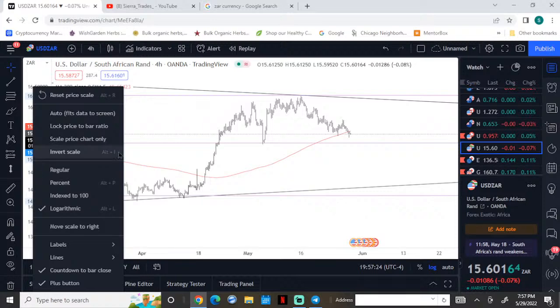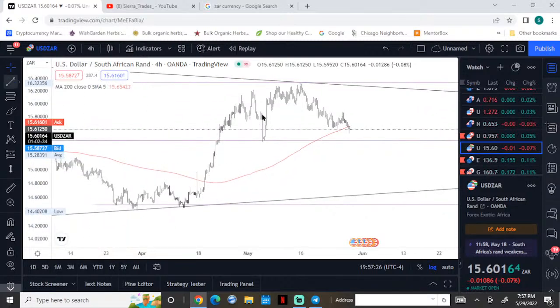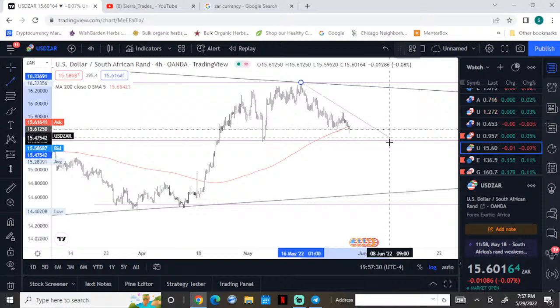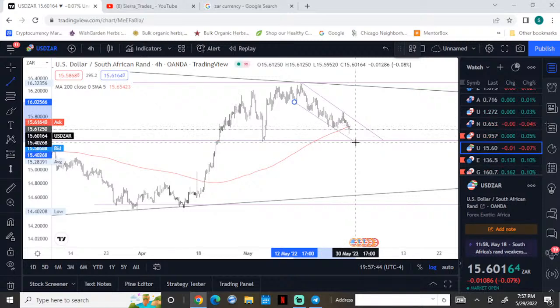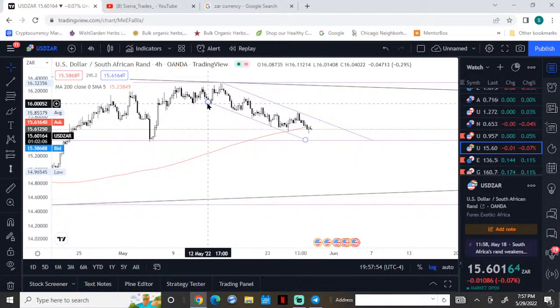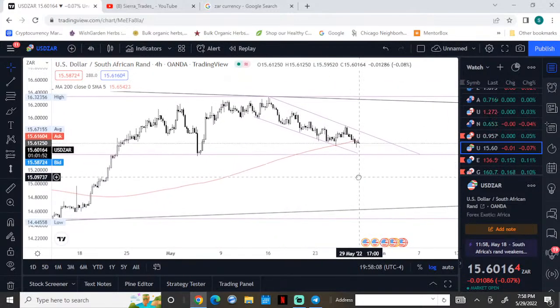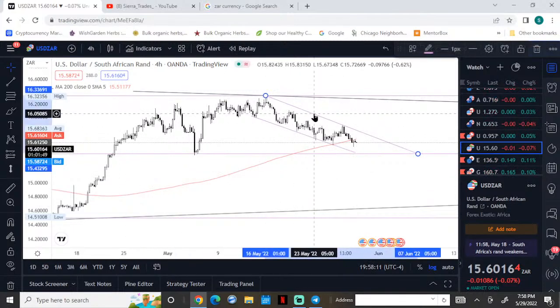I do see a trend line on the 4 hour. Alrighty, change this color.